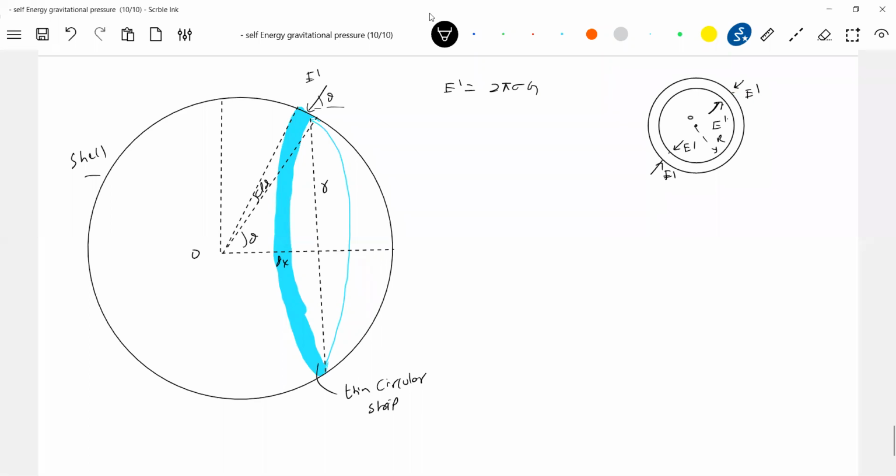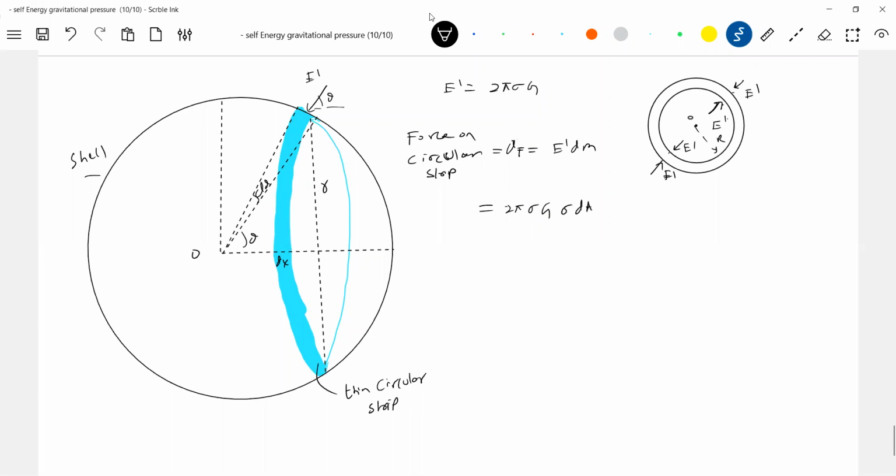Now let's get into this one here. So what is the force acting on that element? dF, force on the circular strip, should be E dash into dm. What is E dash? Already we know the value: 2 pi sigma into G. dm, what is the mass of that one?